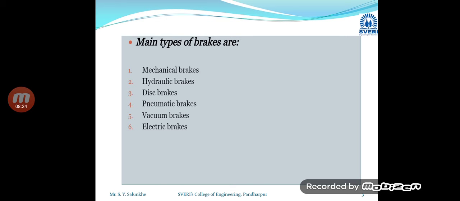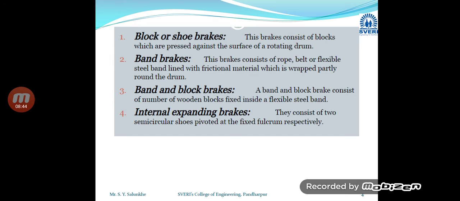So eddy current is the current which opposes the supplied current or supplied EMF, that is electromotive force also. That principle is used in the electrical braking system, and force is generated by electrical means. So that is called the electrical braking system.